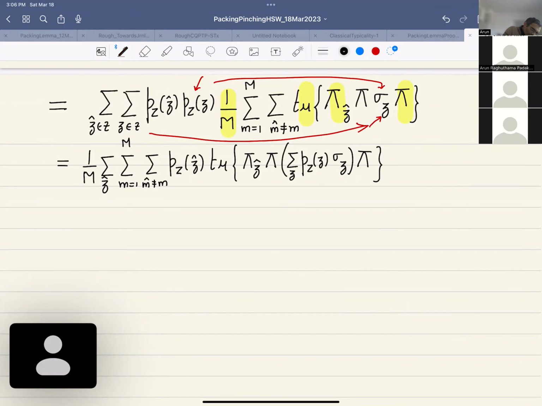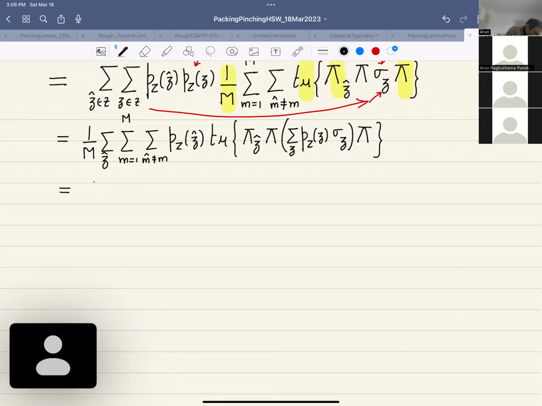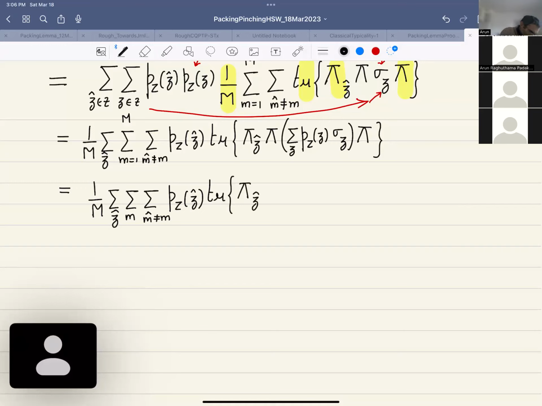Now, what is summation PZ of Z sigma Z? Well, that's exactly what we were told to be sigma. So this is sum over M hat not equal to M of PZ of Z hat, trace pi Z hat pi sigma pi, because sigma is sum over Z of PZ of Z sigma Z. That's what this is.